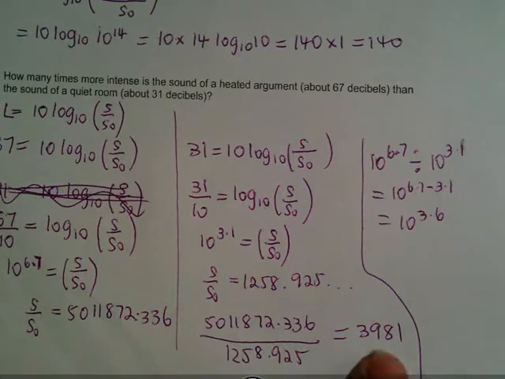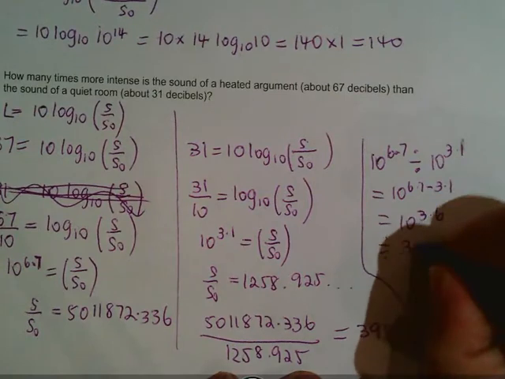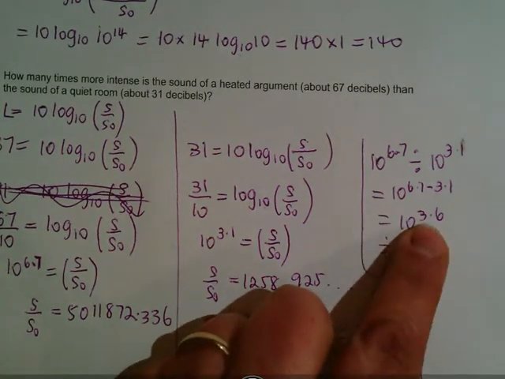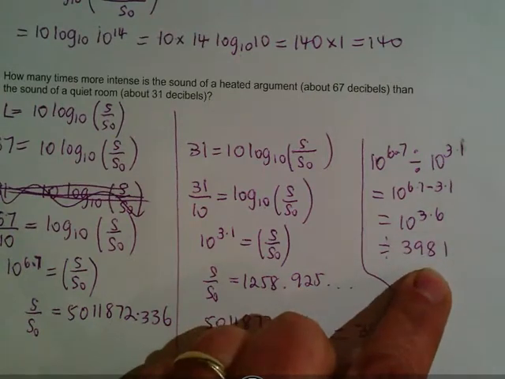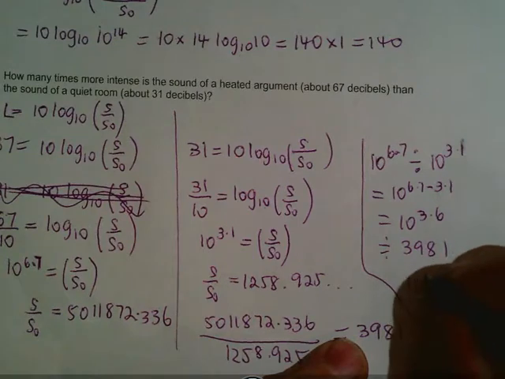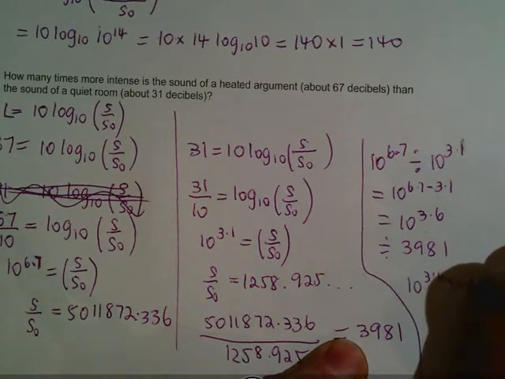If I look up what 10 to the power of 3.6 is, I should get 3981, and I do. So that is approximately 3981. So the answer is 10 to the power of 3.6 times more intense than the quiet room.